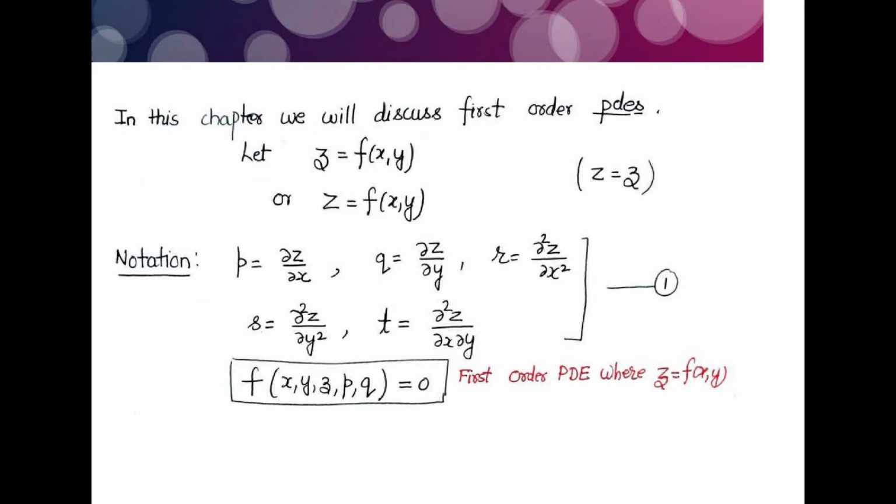Small s is the second order partial derivative of z with respect to x once and then with respect to y, and t is the second order derivative of z with respect to y. All the notations given here are standard notations, right? So we can say that any first order partial differential equation can have terms like x, y, z, p and q.